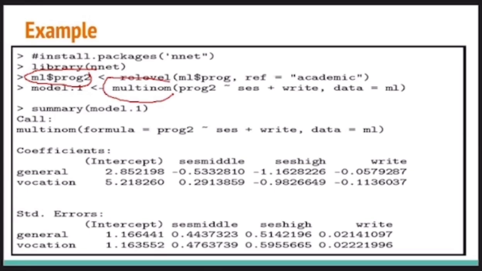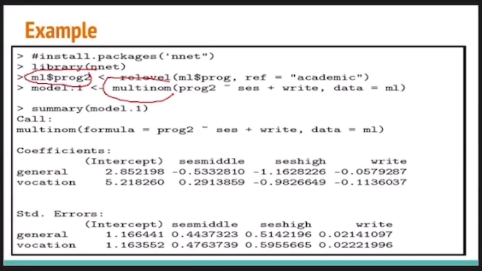For Poisson regression, you're going to see family equals poisson. But right now, for multinomial, you're going to write multinom. Then the program depends on what? You just indicate your socioeconomic class and the writing score.